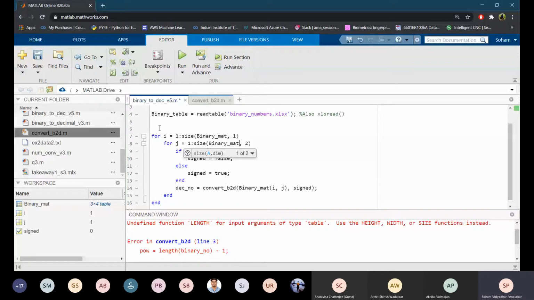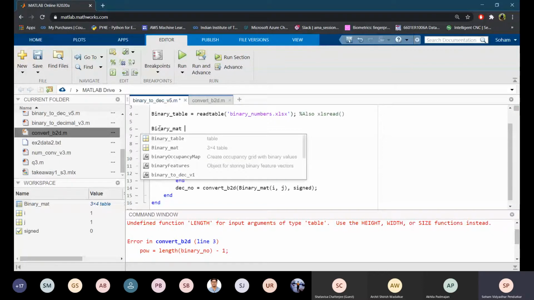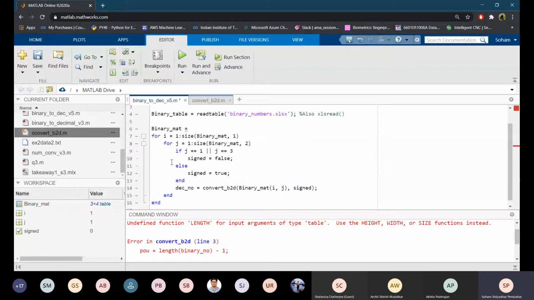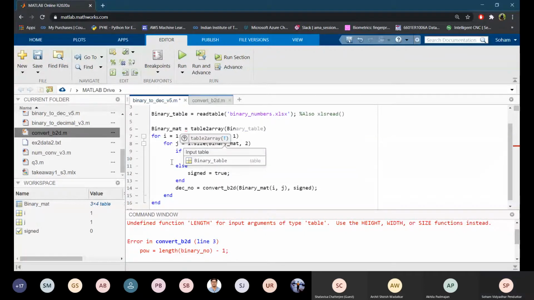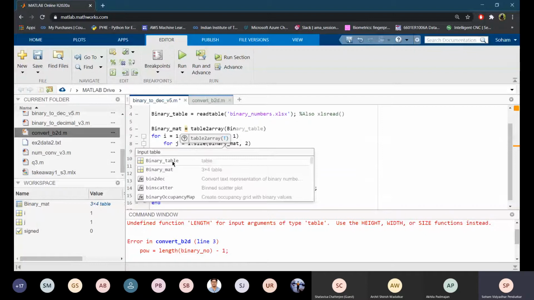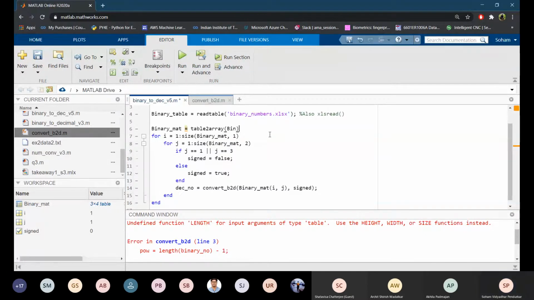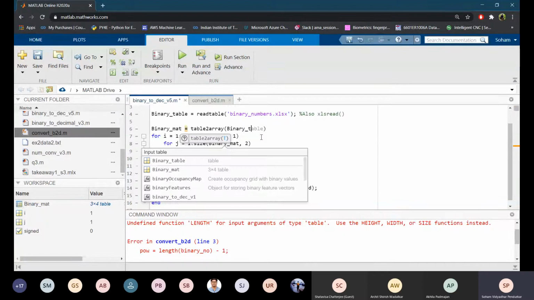So binary matrix is equal to, we'll use the function table2array on binary table. Okay, so this is how we create a binary matrix, and now we can do that. Let's see what happens.